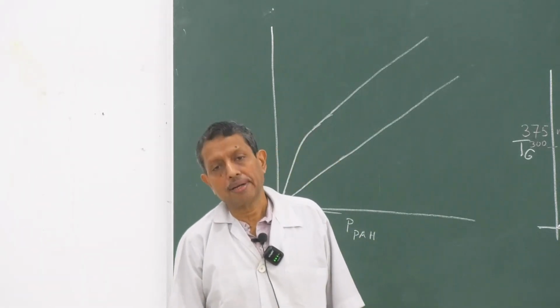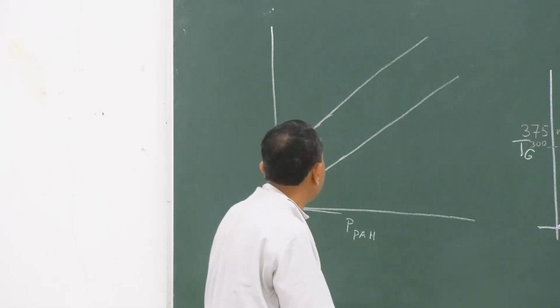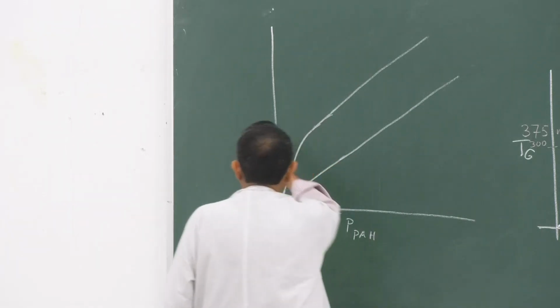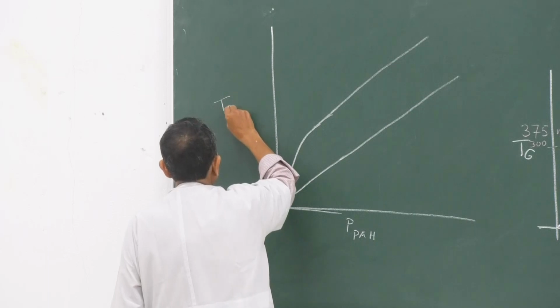Concentration is the same everywhere in blood vessels. And it is the transport PAH.